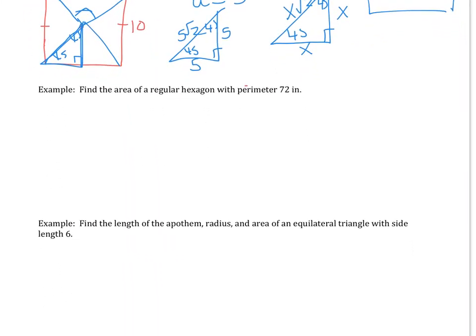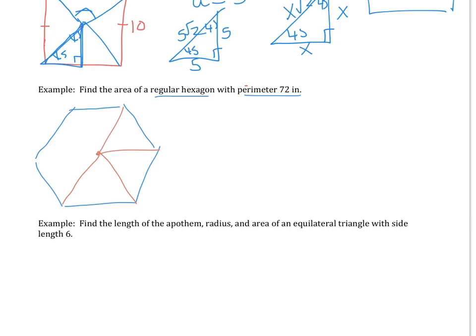The next one. Find the area of a regular hexagon with perimeter of 72. So in the hexagon, we're now going to divide this up into 6 triangles, 6 isosceles triangles. So each angle here is 360 divided by 6, or 60 degrees.